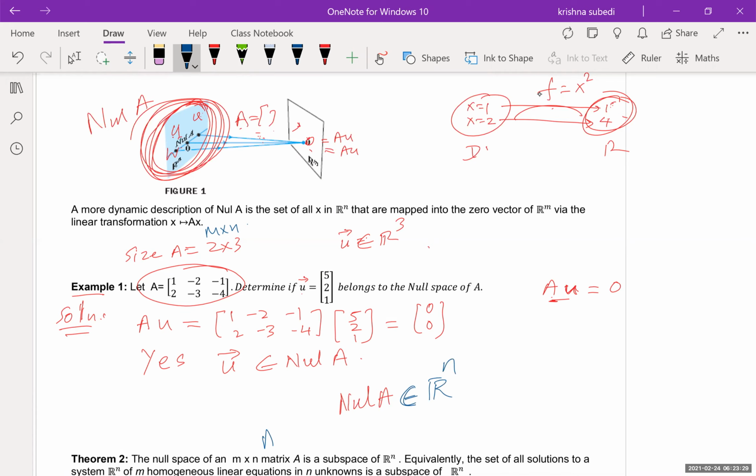If N is 3, then the null space belongs to R3. If I consider my matrix to be M by N, then the null space will be in Rn, not Rm. Just keep that in mind. So the second number, the number of columns, determines the null space.